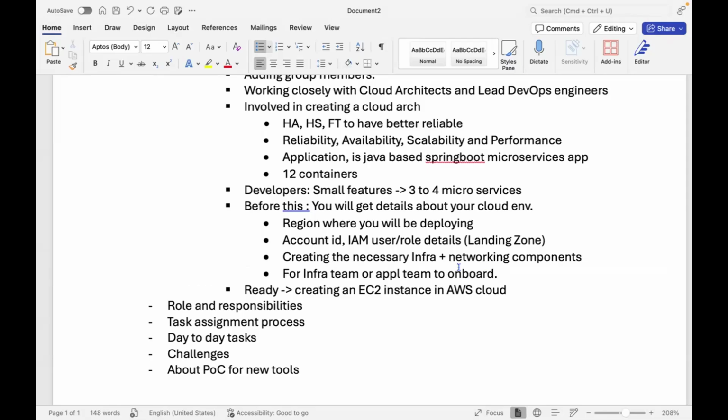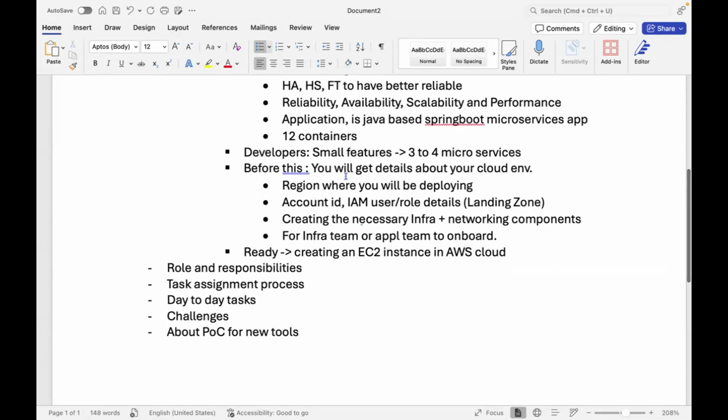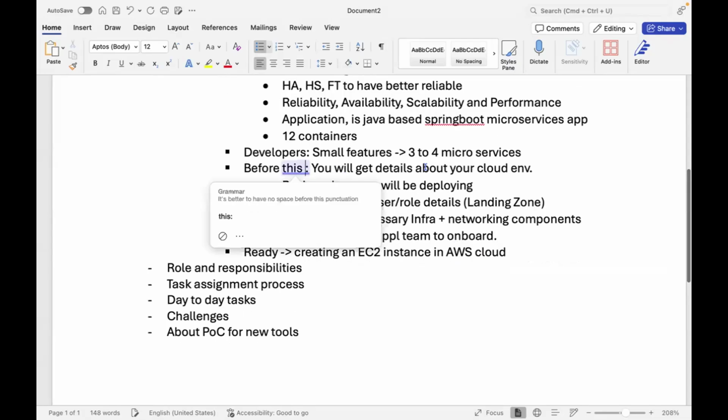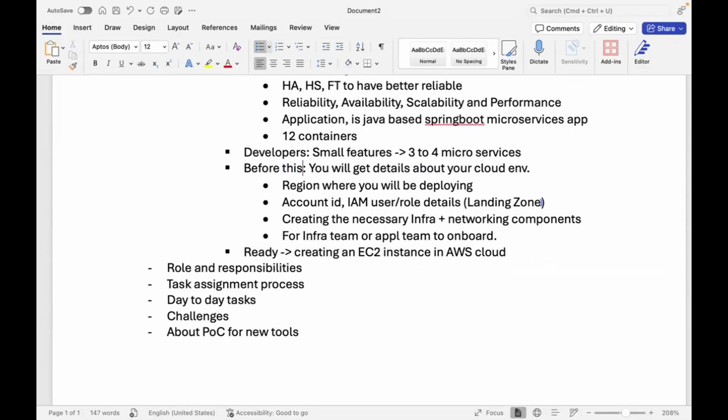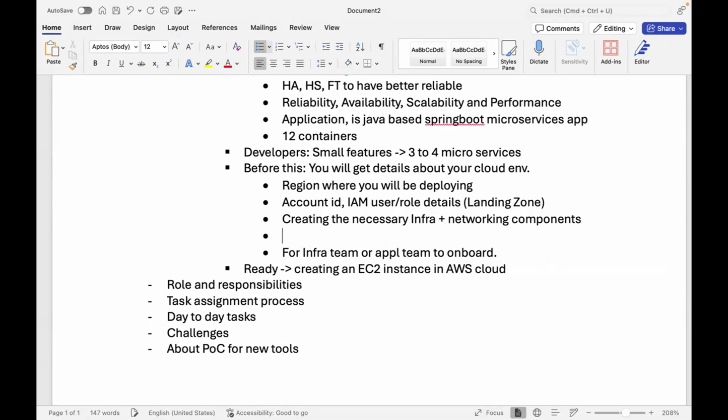Okay. Are there any doubts on this? What is landing zone team? What do they basically do? They also create IAM users, roles, policies.